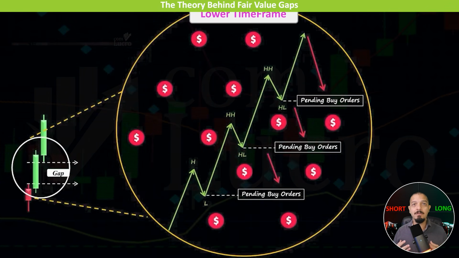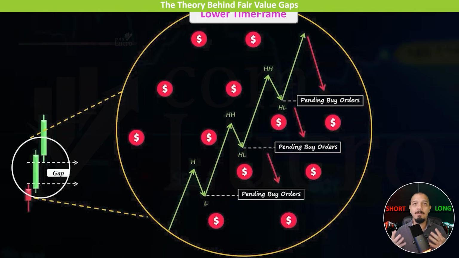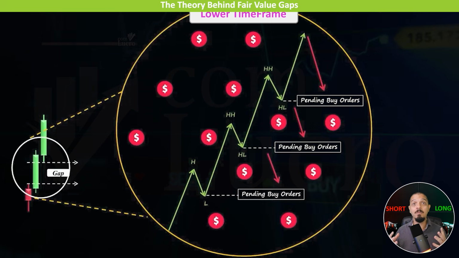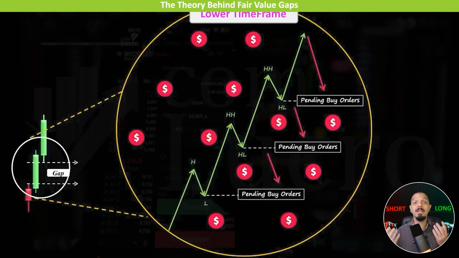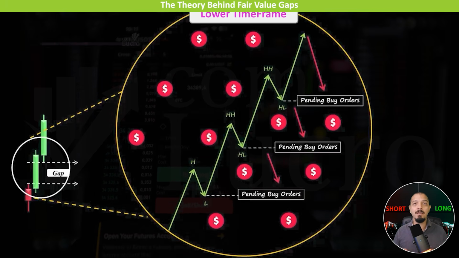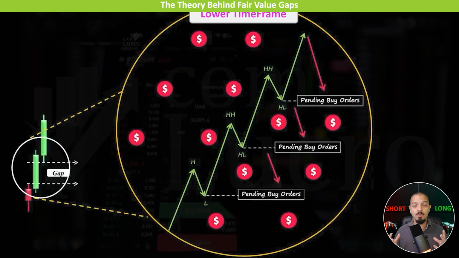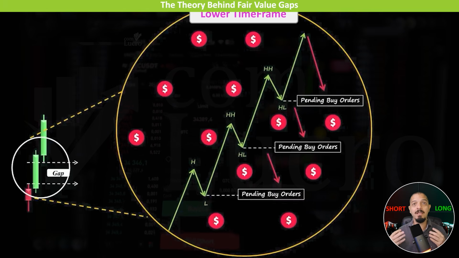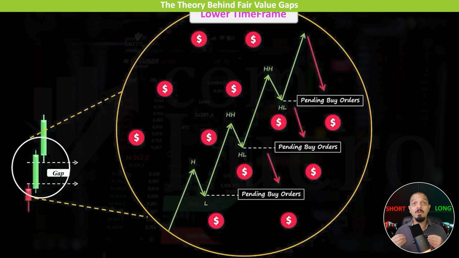So traders, fair value gaps often contain many buy or sell orders, creating significant liquidity inside the zone. This is the main reason why price tends to return, fill the gap, and then continue with even greater strength. The presence of these pending orders acts like a magnet that pulls price back to fill the void before the trend resumes. This can offer a strong trading opportunity for us.